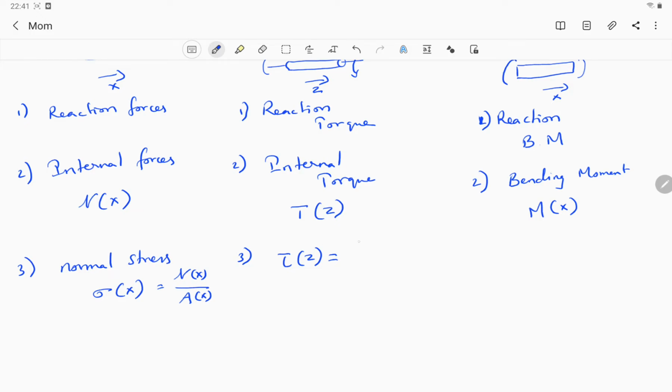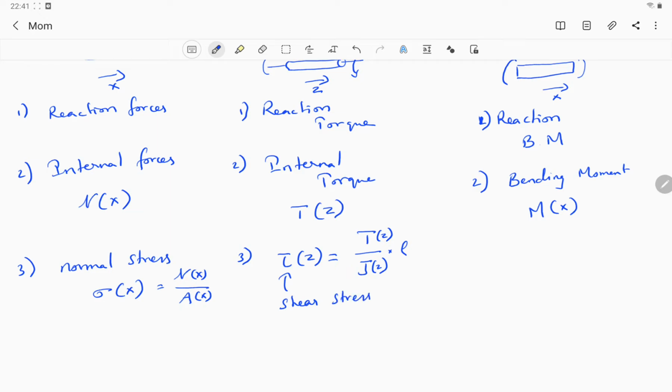Tau is equal to T by J into rho. Okay, so T can be a function of Z and also J can be a function of Z. So that's the formula to calculate shear stress.